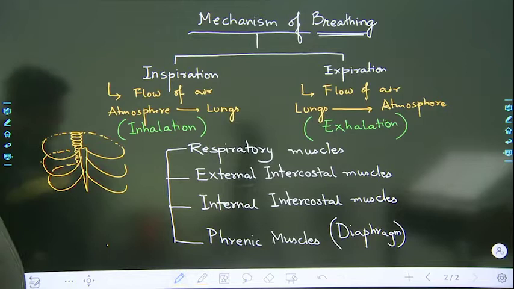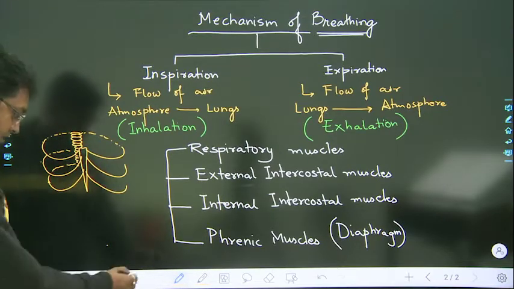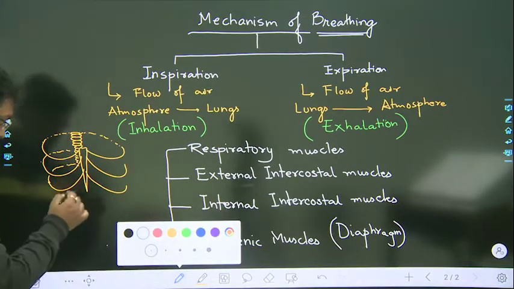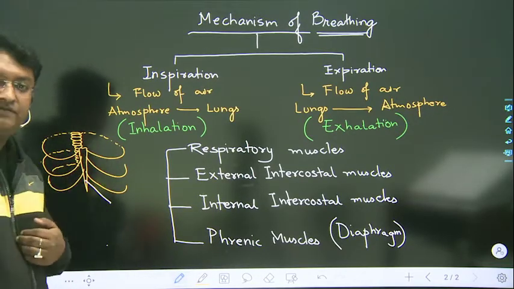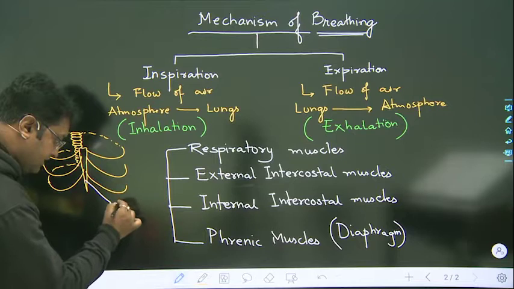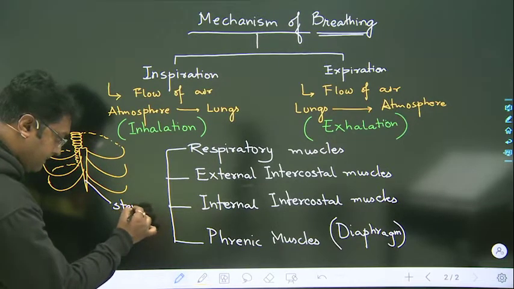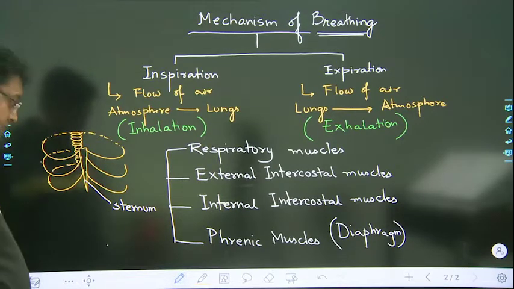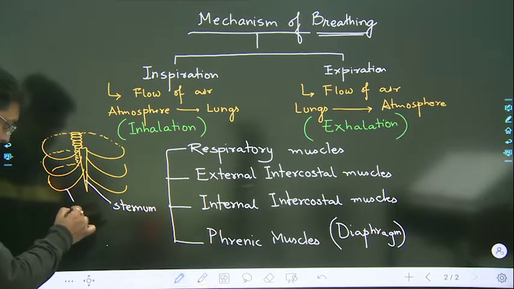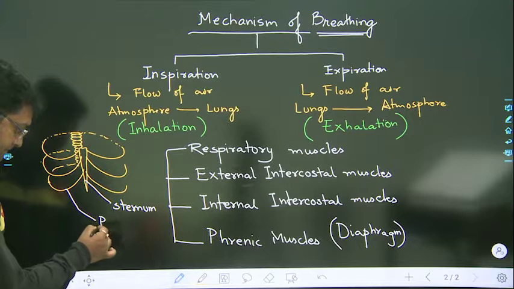And this would be the ventral part of the body. Now, this flat bone on the ventral surface is known as the sternum. Clear? Next, we have the ribs over here.